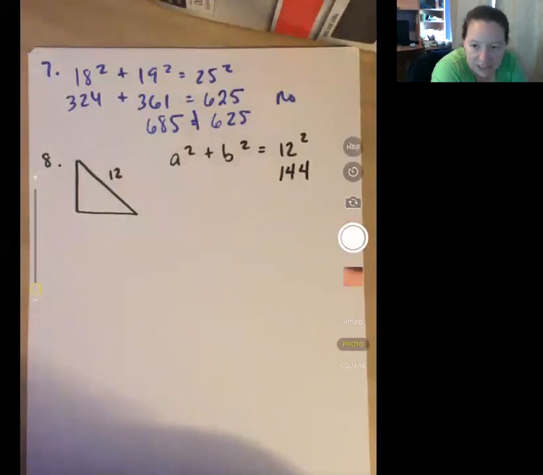The question is, can I divide something out of that? No, wait, that's not what I want to do. I want to see if there's any two numbers that when you square them, you can add together to make 144.